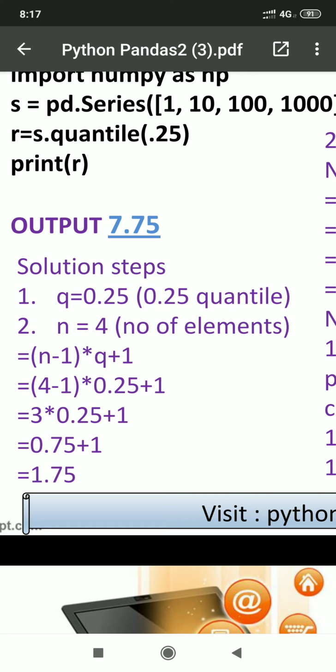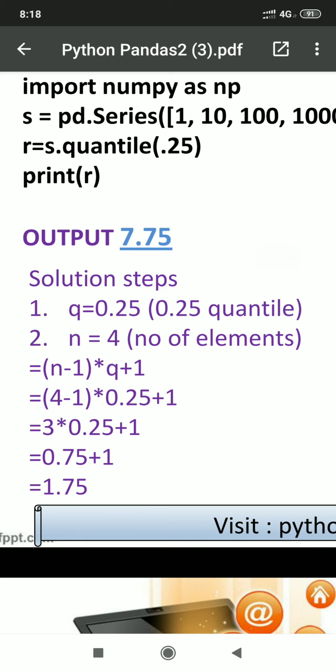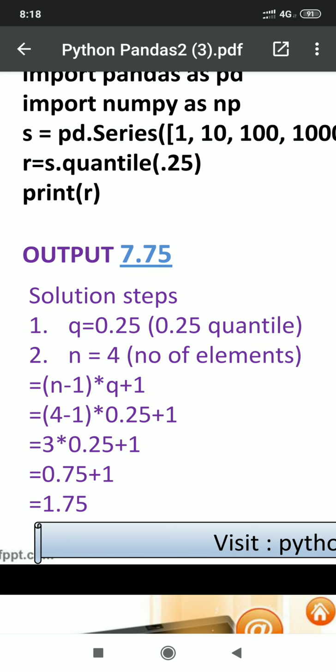What do we want to find? Q means the 25% quantile, and N means the number of elements. So how many numbers are there? There are 4 numbers. So the formula is (N minus 1) into Q plus 1. It's very easy. N is the number of elements, minus 1, multiplied by Q, plus 1.